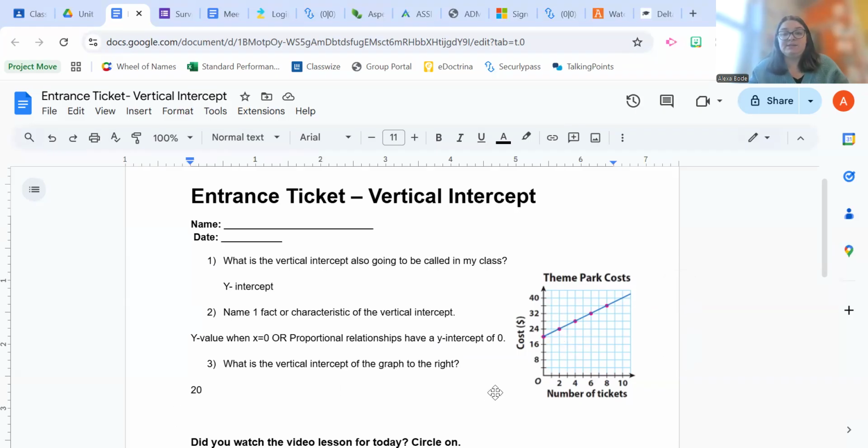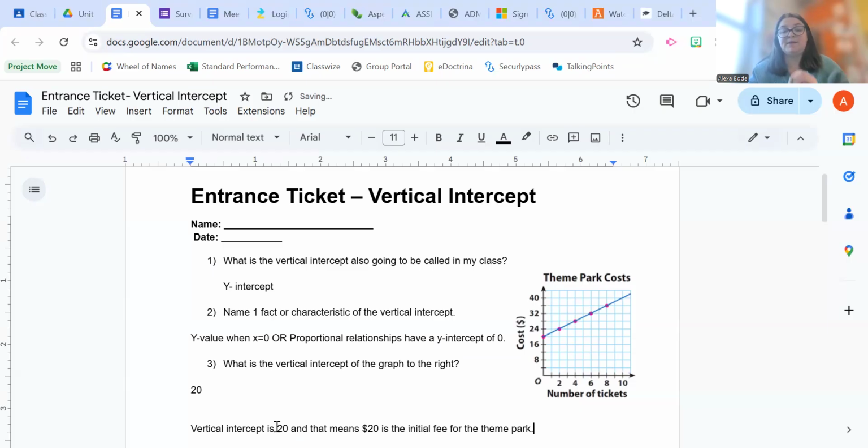So in this graph over here, the vertical intercept is 20, and that means $20 is the initial fee for the theme park. That is the starting amount that they are going to charge you.